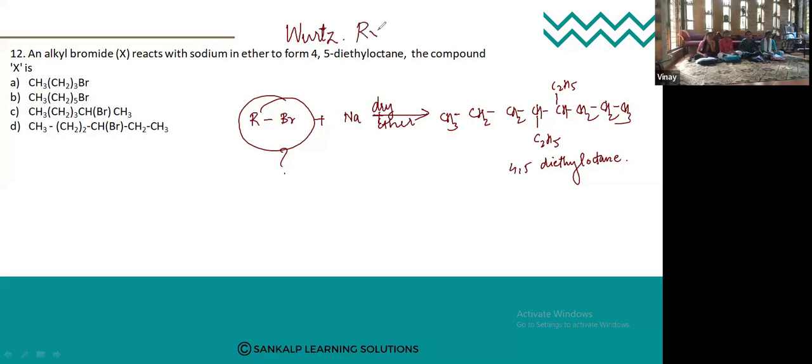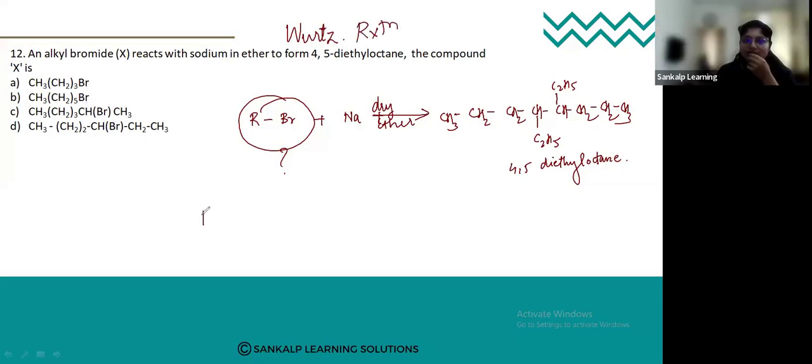So in the Wurtz reaction, what happens? Two alkyl halides are there, and they react with sodium in the presence of dry ether.